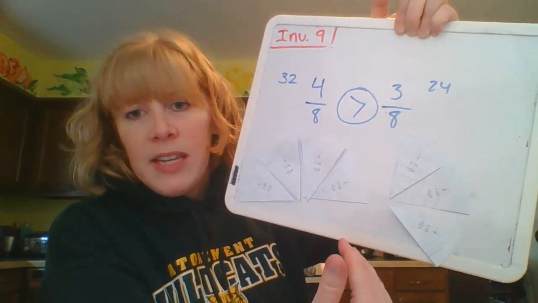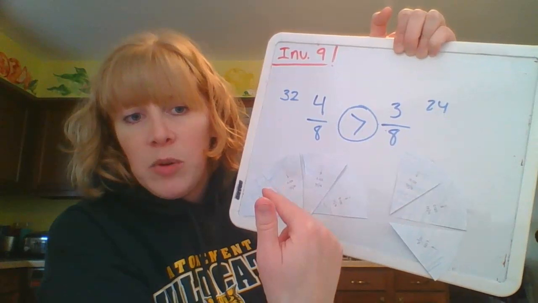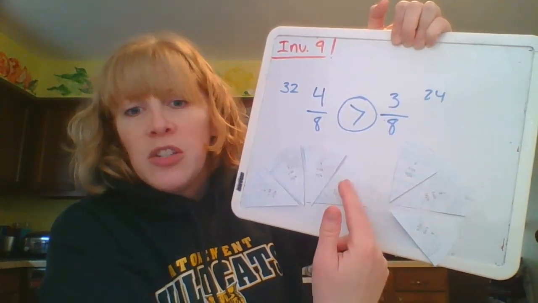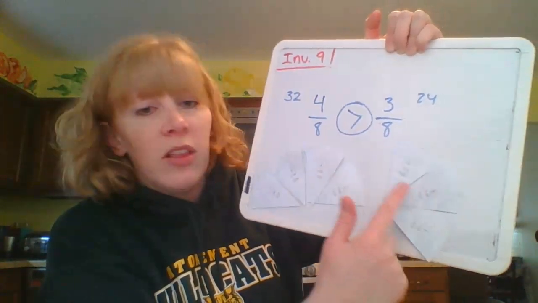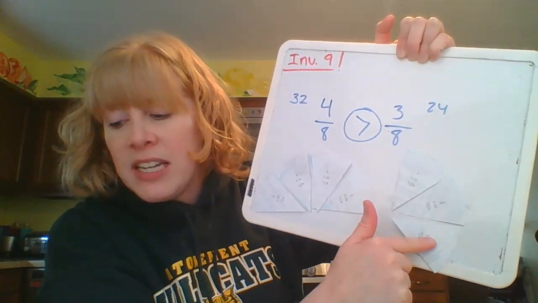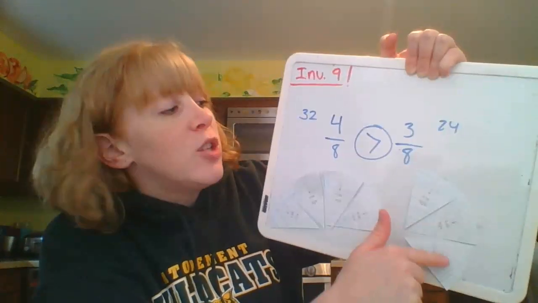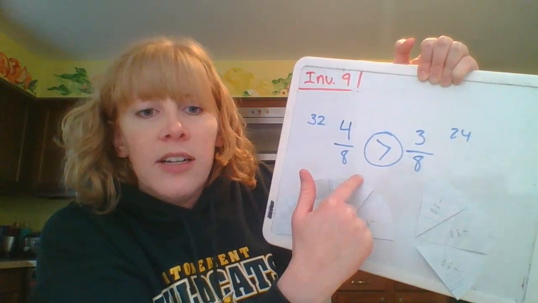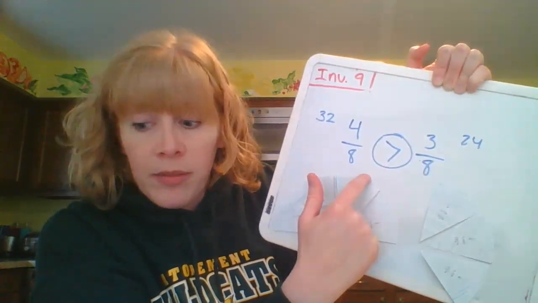These pieces are all the same size because they are cut into equal pieces in those pizzas. So 4/8 is going to be larger than 3/8. If the denominators are the same, the fraction with the greater numerator is going to be larger. If the denominators are the same, the larger numerator is the larger fraction. If the numerators are the same, the larger denominator is the smaller fraction.